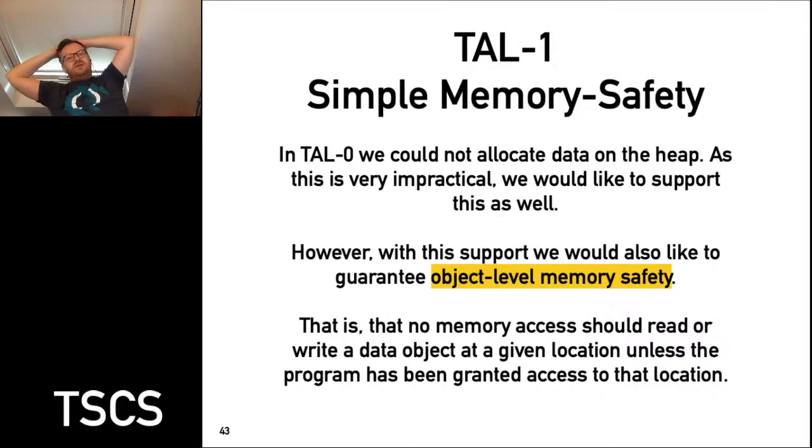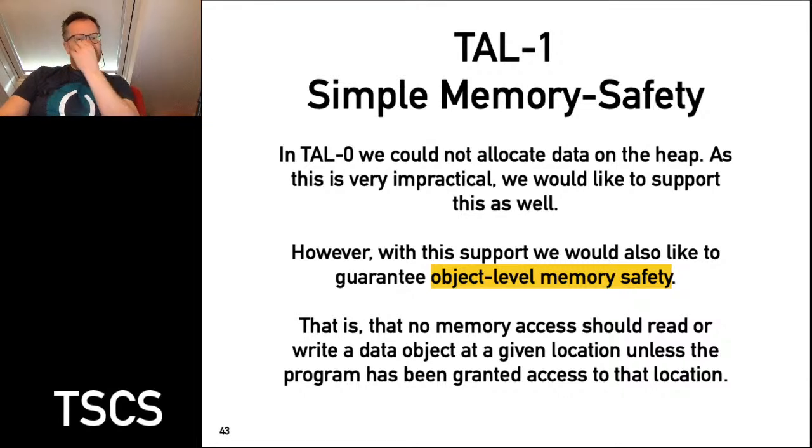But we would also like to guarantee so-called object level memory safety. That means that no memory access should read or write a data object at a given location unless the program has been granted access to that location. So we have access to certain memory points.